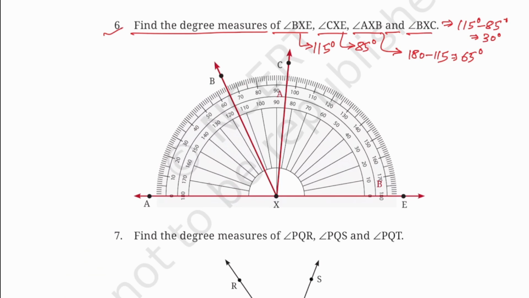If you see the picture carefully, this angle is equal to this angle minus this angle. Similarly, this angle is equal to 180 degree minus this angle.